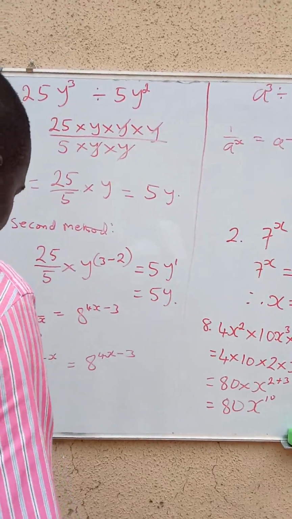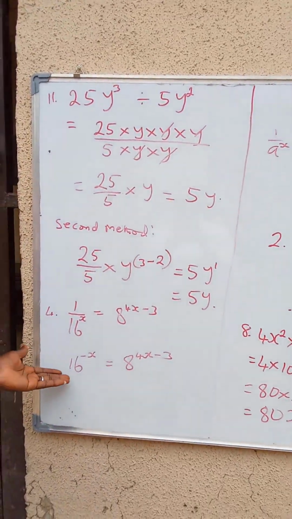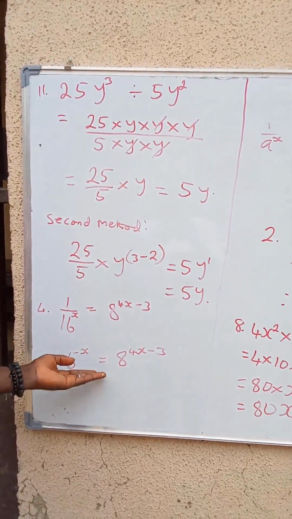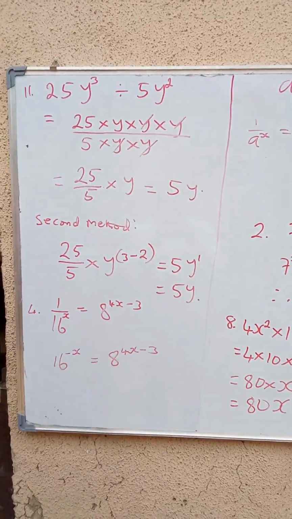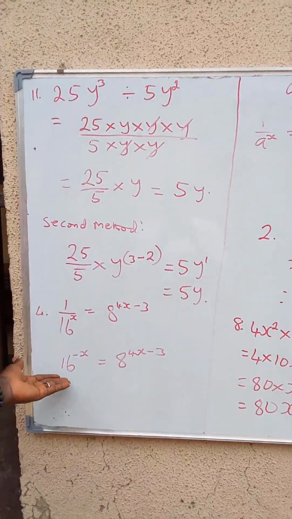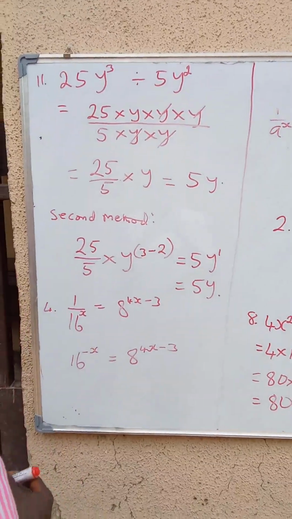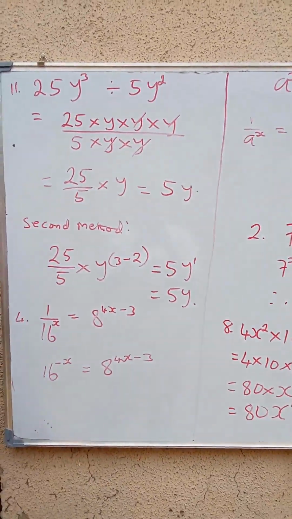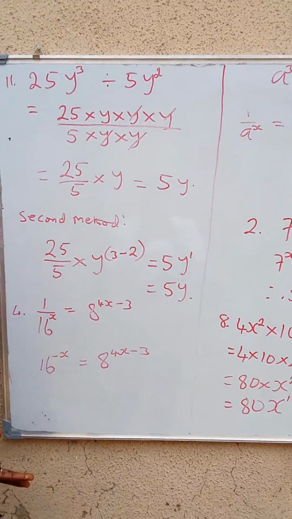So now what we do here, look at it here. 16 raised to the power of minus x is equal to 8 raised to the power of 4x minus 3. Now I can bring this down. I know that 4 times 4 will give me 16.